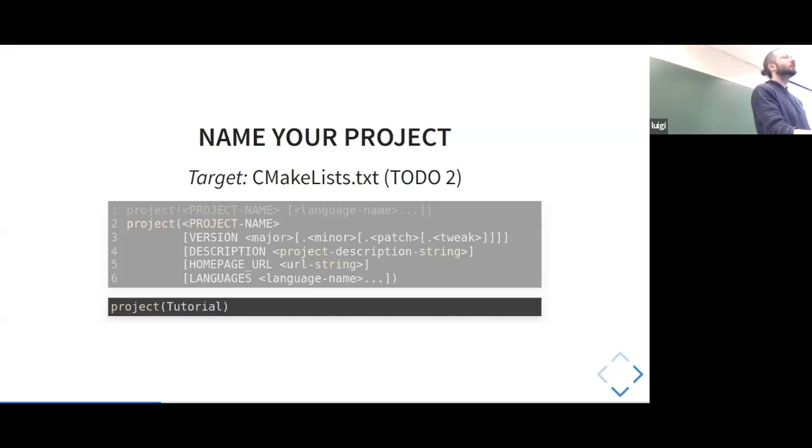Like dash capital B? Dash capital B, no, it doesn't build anything. When you type CMake dash capital B, what it does is it generates the build files into the directory, but then it doesn't build. You need to type CMake dash dash build and then the name of the build directory.